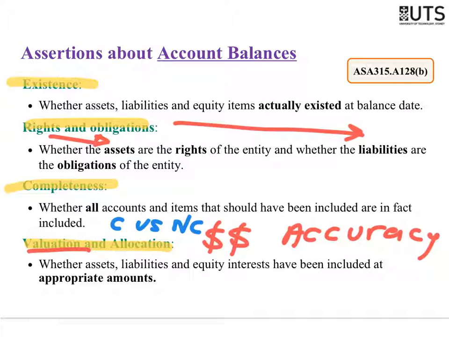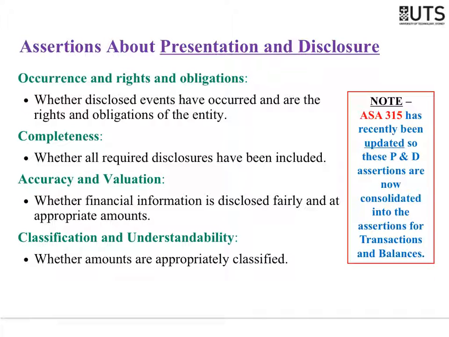These are the characteristics we use to determine whether the information is indeed truthful, okay? Now, the final category is presentation and disclosure. There are a couple of things I want to bring to your attention. Number one, presentation and disclosure relates to the overall financial report.